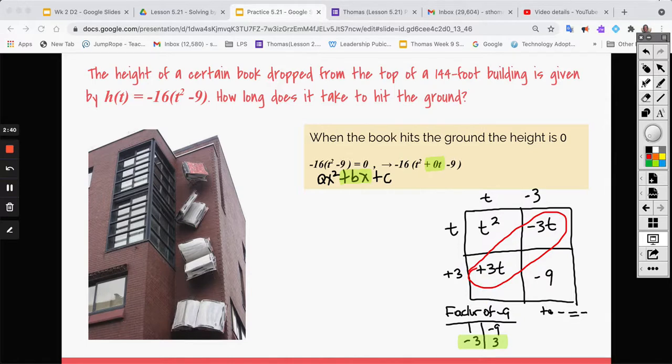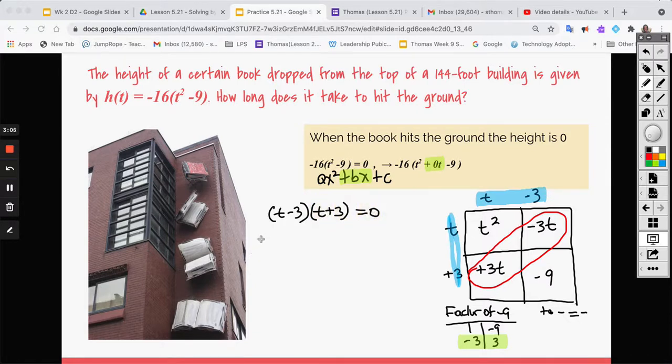Okay, so what's a factored form of this expression? Well, remember your factored form is what you get on the outside of your box, so it's going to be t minus 3, t plus 3. So we have t minus 3 times t plus 3 is equal to 0.